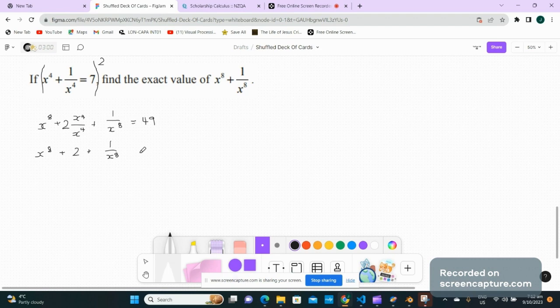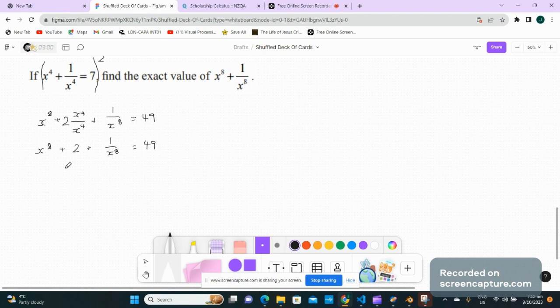Now I can simply just subtract that 2 from both sides. So we're going to get the equation we want: x to the 8 plus 1 over x to the 8, and that's going to equal 47.